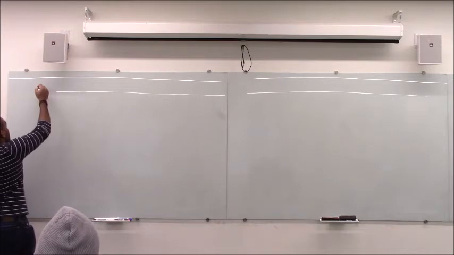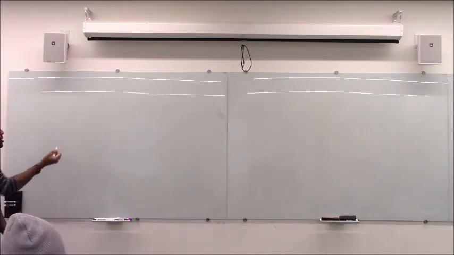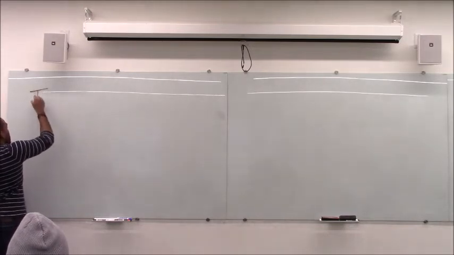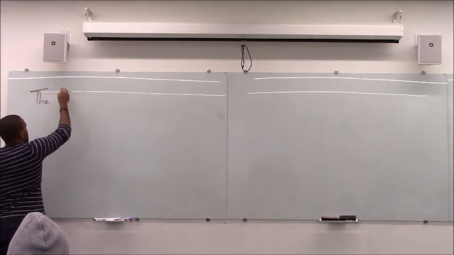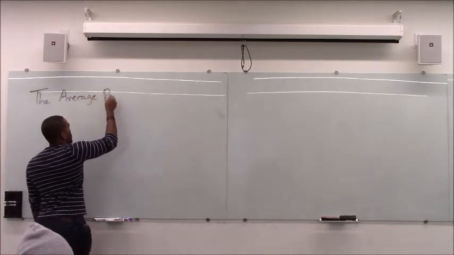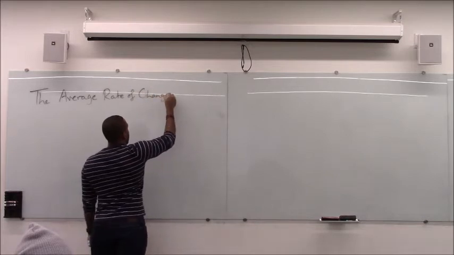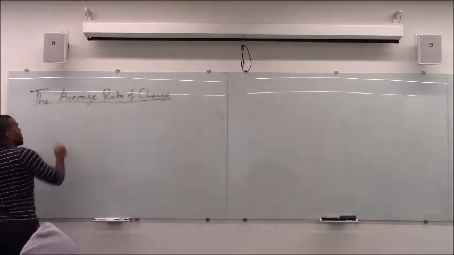What I want to talk about now is something that ordinarily I wouldn't talk about at this point, but your textbook introduces the idea pretty early, so I'm going to talk about it. It's called the average rate of change. Very important idea.